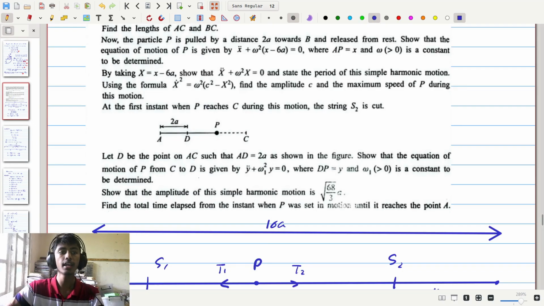It says let D be the point on AC such that AD is equal to 2a as shown in the figure, and show that the equation of motion of P from C to D is given by y double dot plus omega 1 squared times y equals 0, where DP is equal to y and omega 1 is a positive constant to be determined.